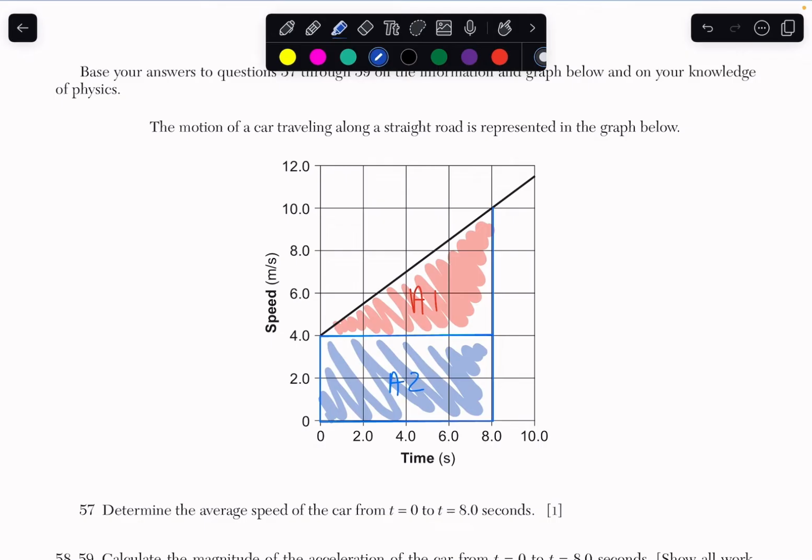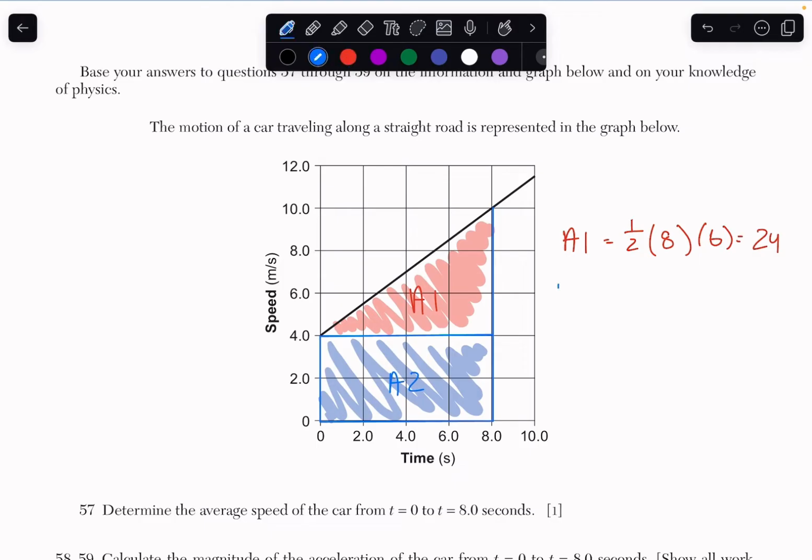So now that we have these two little sections, we just need to find the areas of both of them and add them up. So A1, since it's a triangle, we have to do 1/2 times 8 times 6, and we're going to get 24.